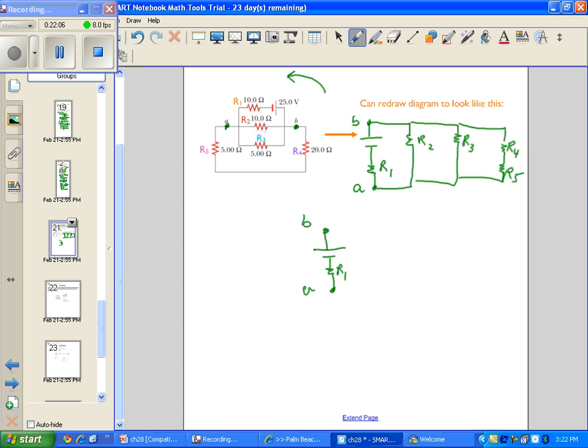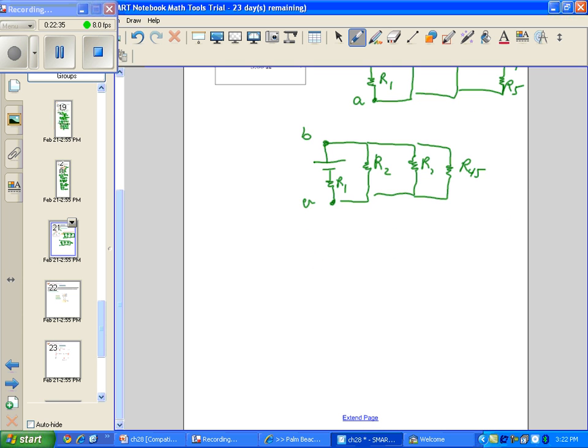We have our R1 here. We have our R2 here. We have our R3 here. And the combination of R4 and R5 will give us an R45. Now, of course, R45 is the sum of R4 and R5 because these resistors are in series.